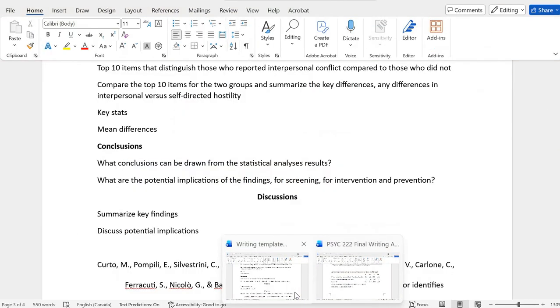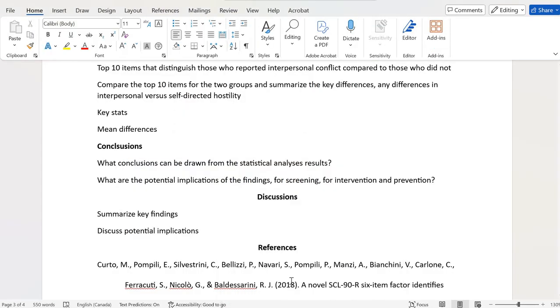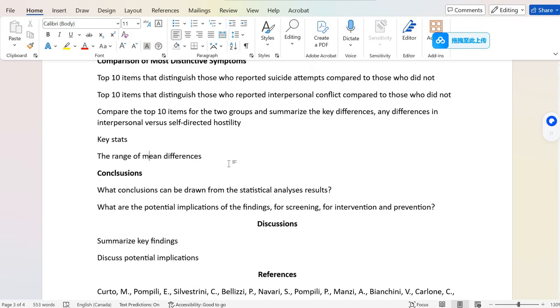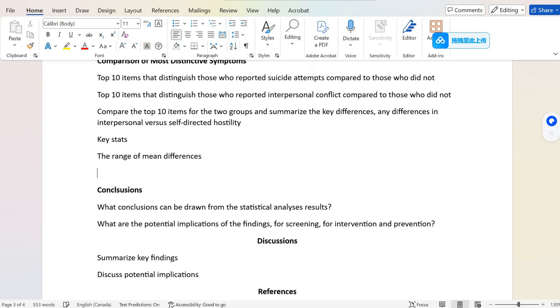And you report the range, mean differences, and then what else? The range of p-values.